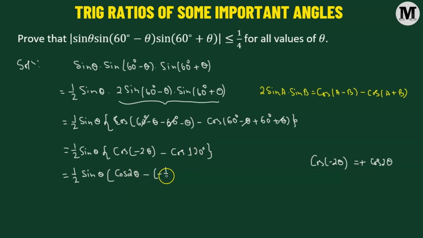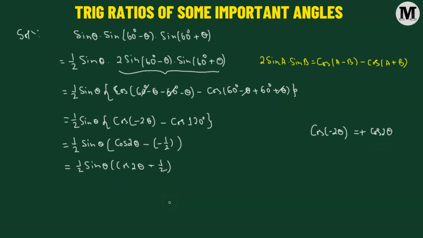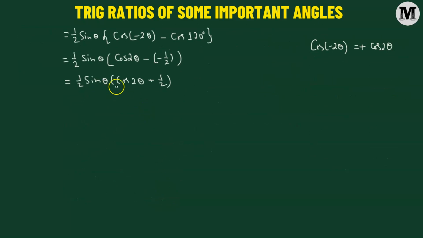Cosine of 120 is negative 1/2, which means our value comes out to be half sine theta multiplied to cosine of 2 theta added to 1/2. Okay, so now we're going to multiply half sine theta with the two terms within the parentheses, giving us 1/2 sine theta times cosine of 2 theta added to 1/4 times sine of angle theta.